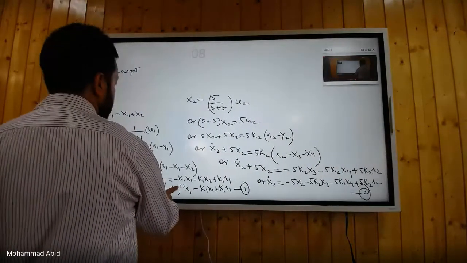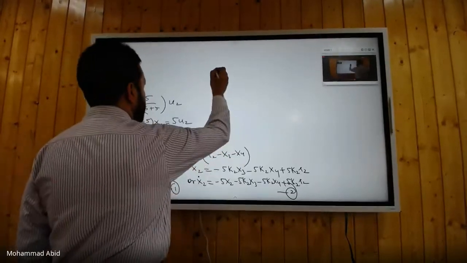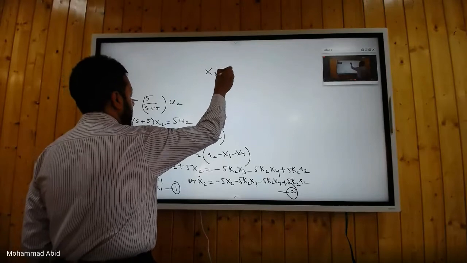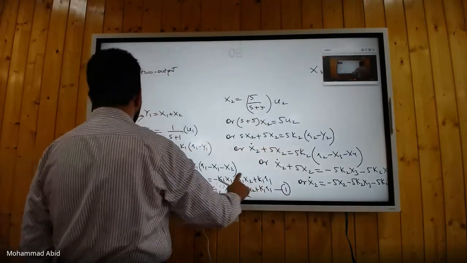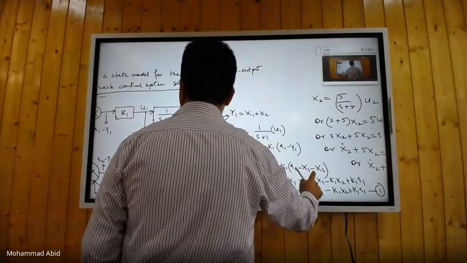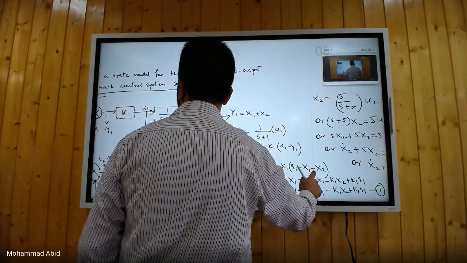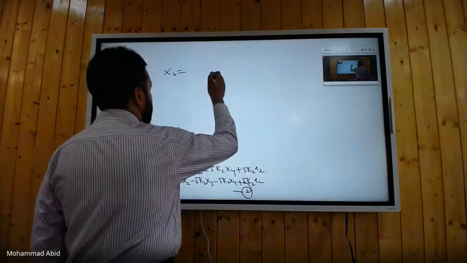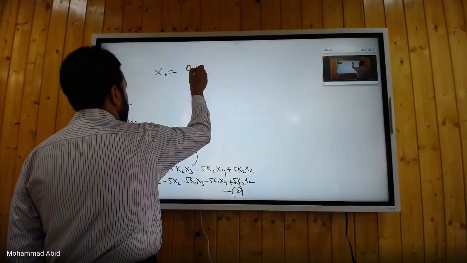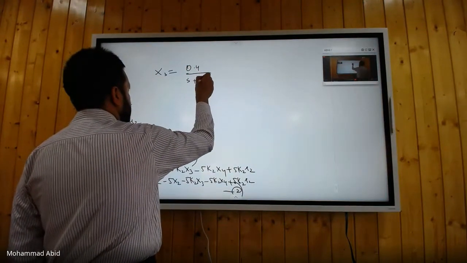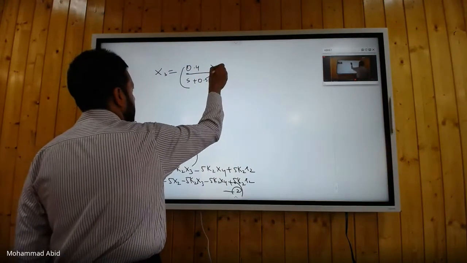What is x3 equal to? x3 is equal to 0.4 upon s plus 0.5 into u1.